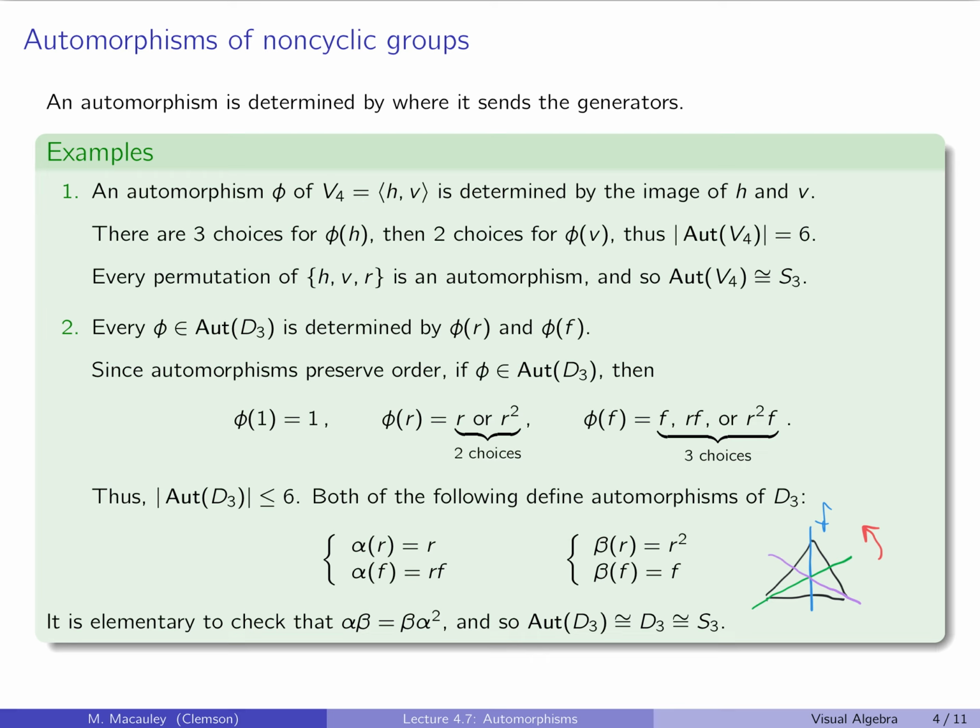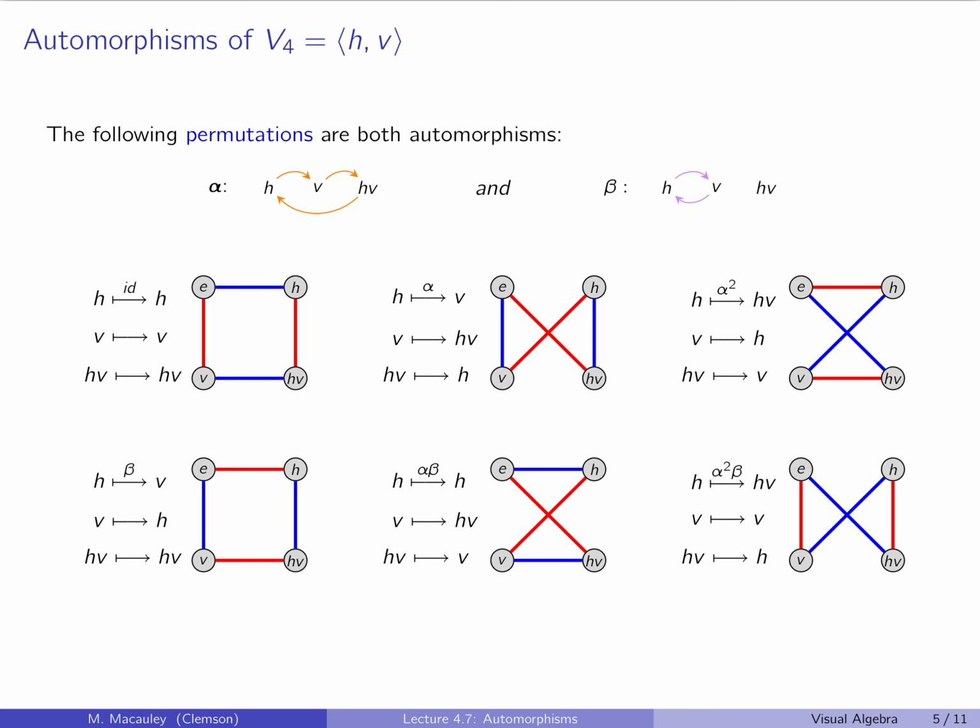So if this is F, then this is RF, and this is R squared F. If we replace each F with RF, this becomes RF, this becomes R squared F, this becomes F. And then you can think of beta just as reversing which direction is the forward rotation. So this is R, but we could declare that to be R. Though that's not a proof that all of these automorphisms work, it should be a fairly convincing argument.